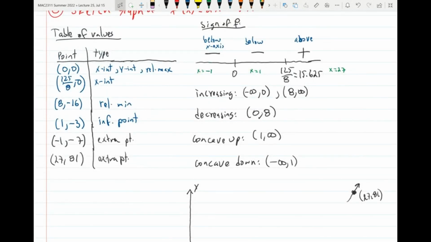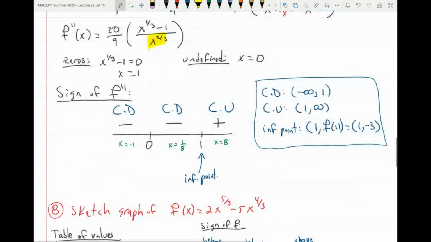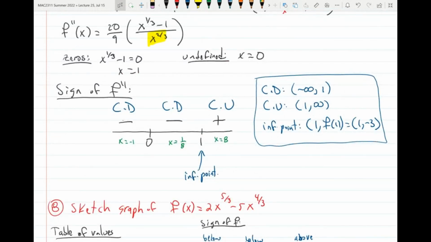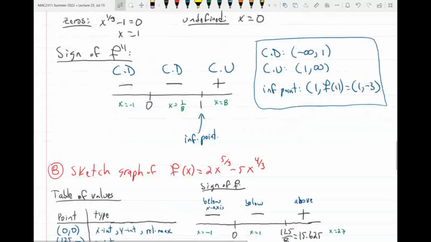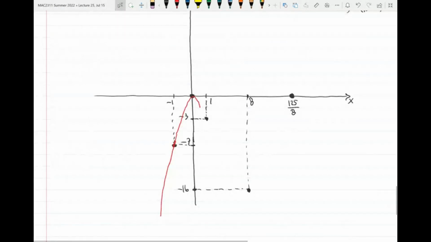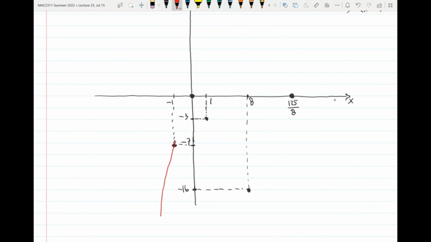Then we need to go through 1 comma -3, and notice that that is an inflection point. And what's happening there, let's go to our sign chart. At 1, we have a change of concavity. It goes from concave down to concave up. Okay, so we need to make that clear. So it's concave down, and then it becomes concave up.